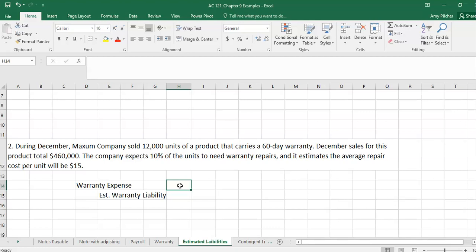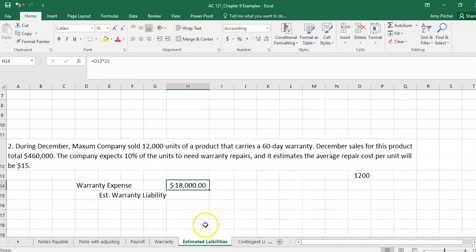We expect 10% of our units to need warranty repairs, and we estimate the average repair cost per unit will be $15. So 10% of units is 12,000 units times 10%. And then our warranty expense is 10% of units times $15 per unit, or $18,000.